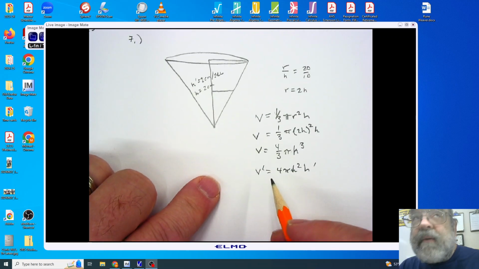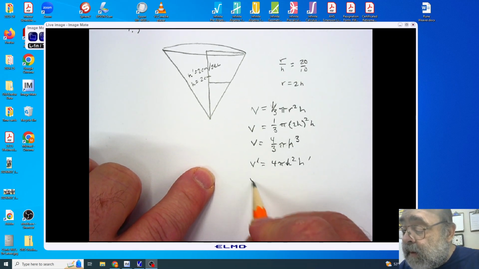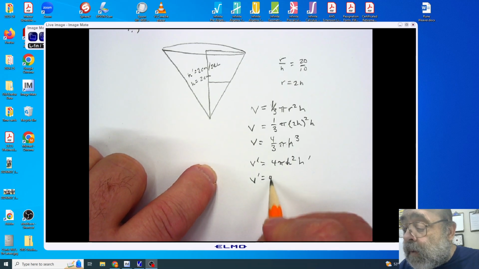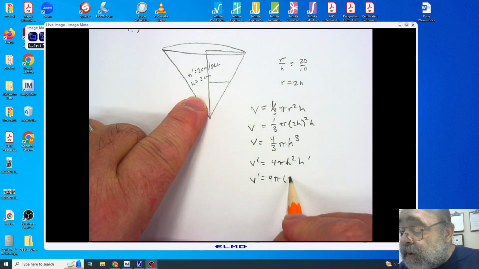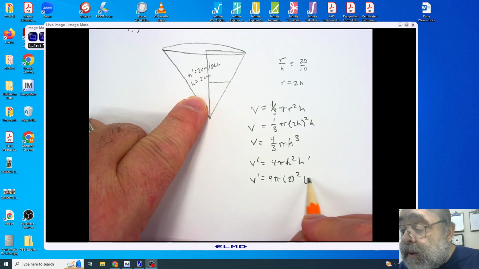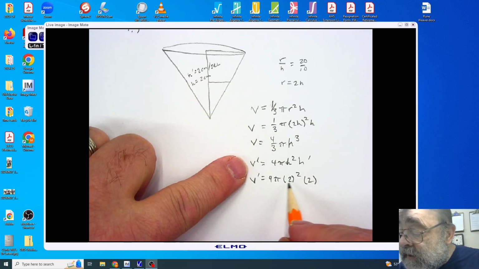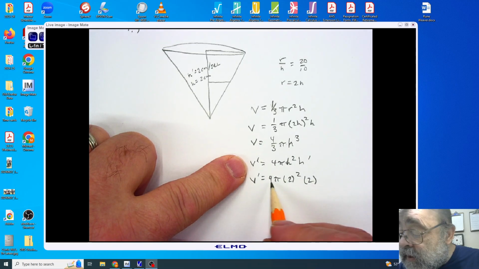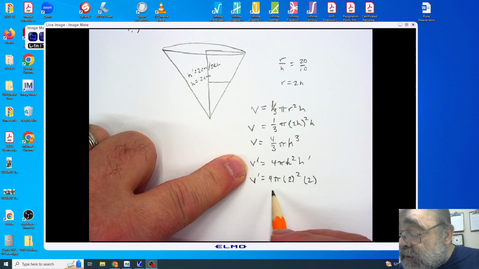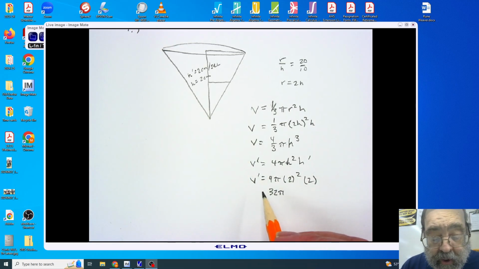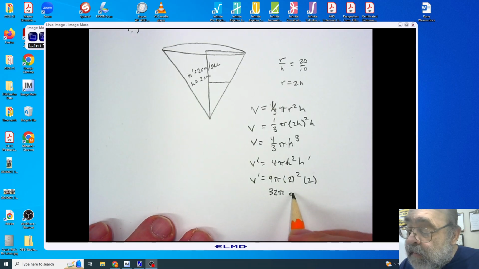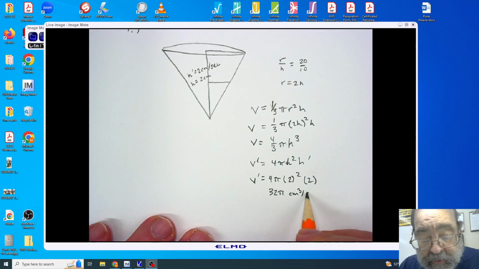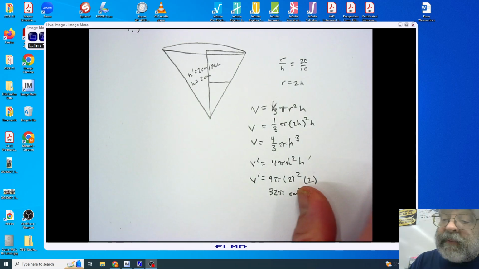So putting this information into the formula, v prime has to equal 4 pi times 2 squared times 2, and that's giving me 4 times 4 is 16 times 2 is 32 pi, and we're going to include our units. That's centimeters cubed per second. That leaves only number 8.